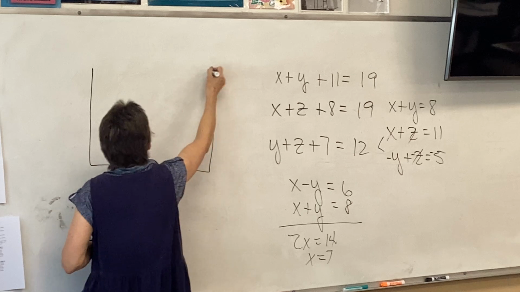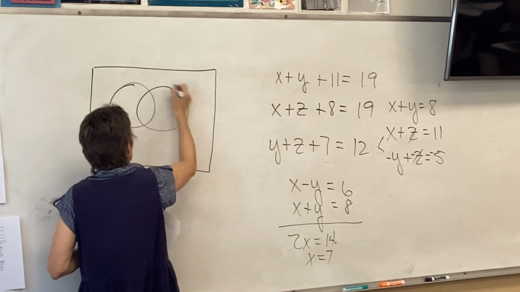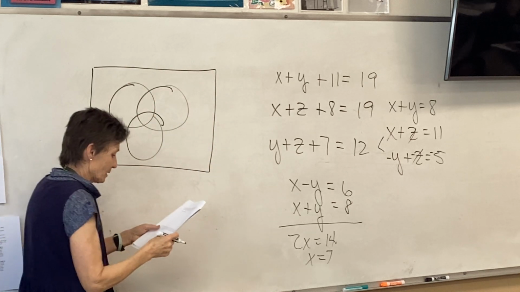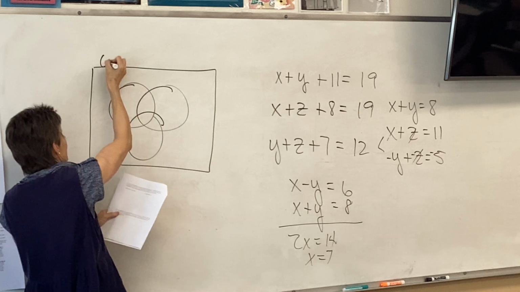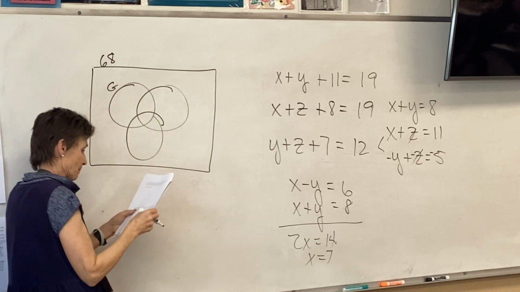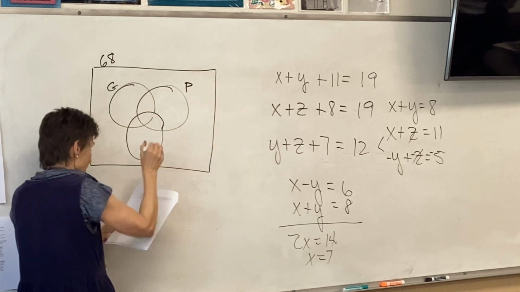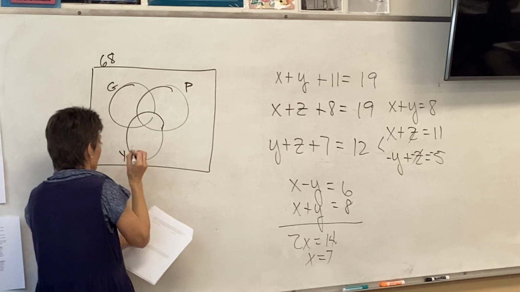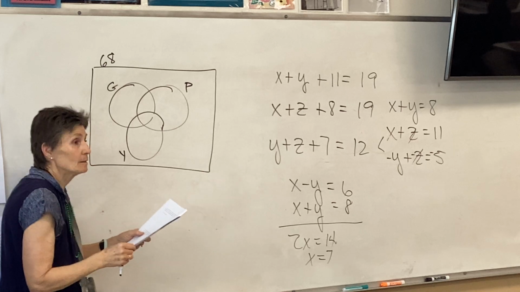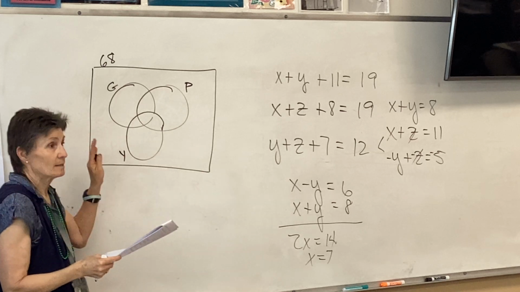Let's get the Venn diagram. Zip it. Here we go. We've got green, we got 68 kids, we got green, we got purple, and we've got yellow. Alright, so let's fill in what we can fill in.